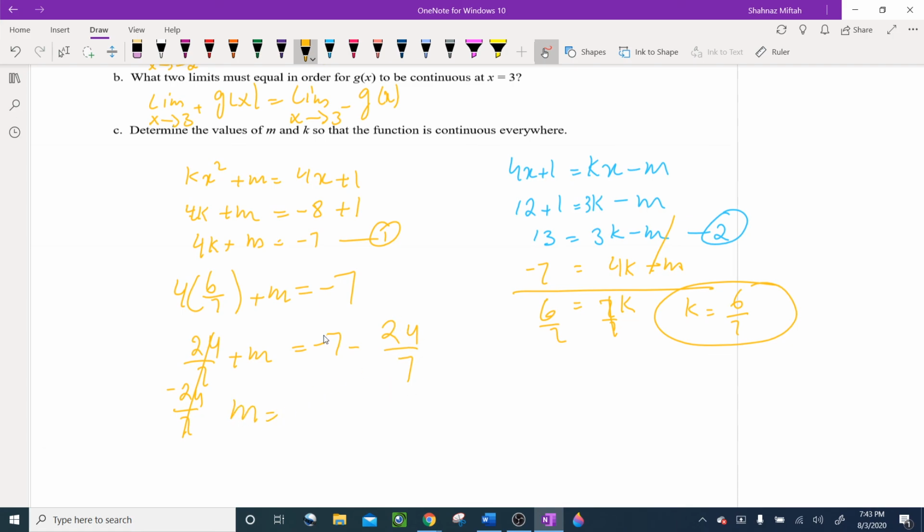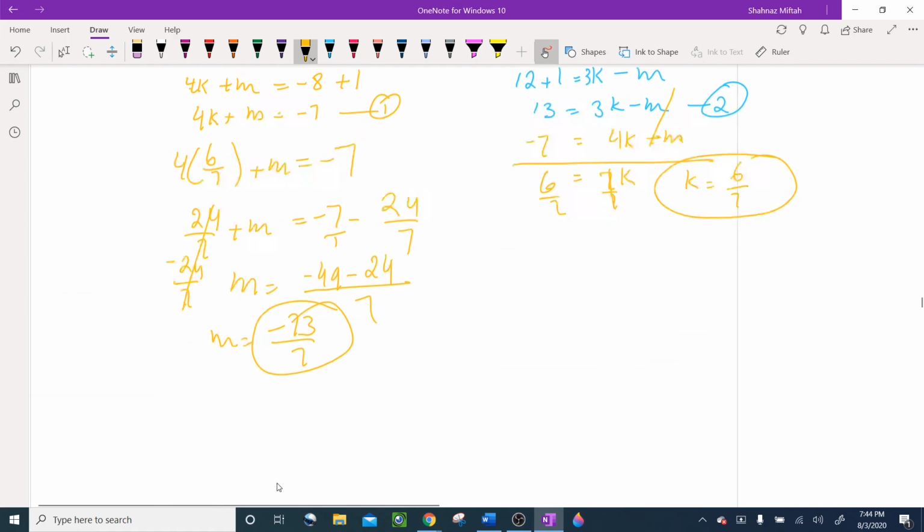Since I have one fraction, I don't have another one, so I'm going to make a least common denominator. What I'm going to get, 7 times 1 is 7, and negative 49 minus 24. So 49 and 24, you add them and keep the sign. It's going to give me negative 73 over 7. And I cannot simplify this further.